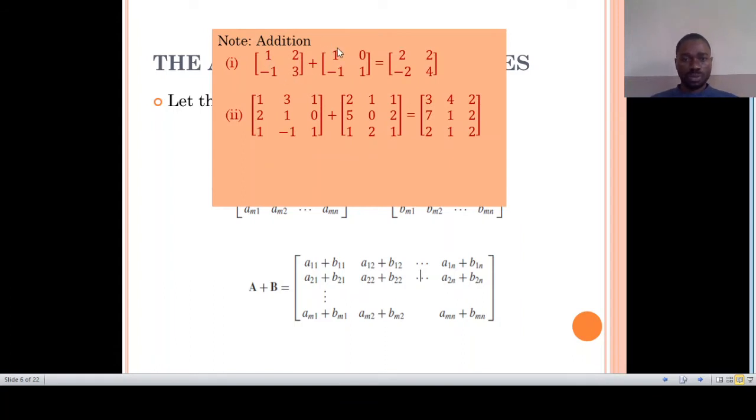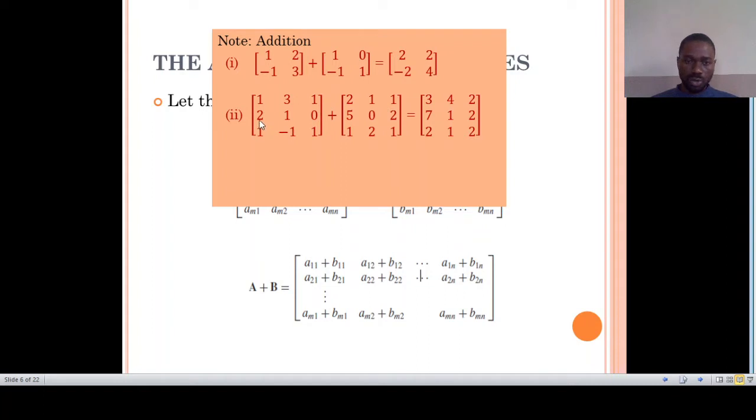We have 1 plus 1, 2. We have 2 plus 0, 2. Minus 1, minus 1, minus 2. 3 plus 1 rather, 4. Equally, 1 plus 1, 1 plus 2, 3. 3 plus 1, 4, and 1 plus 1, 2.